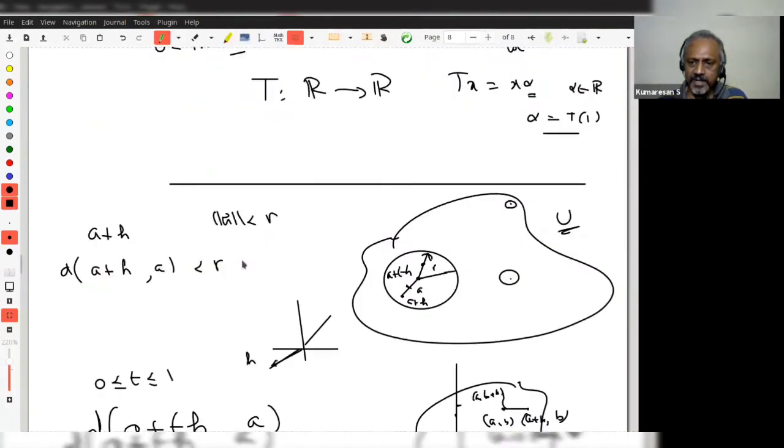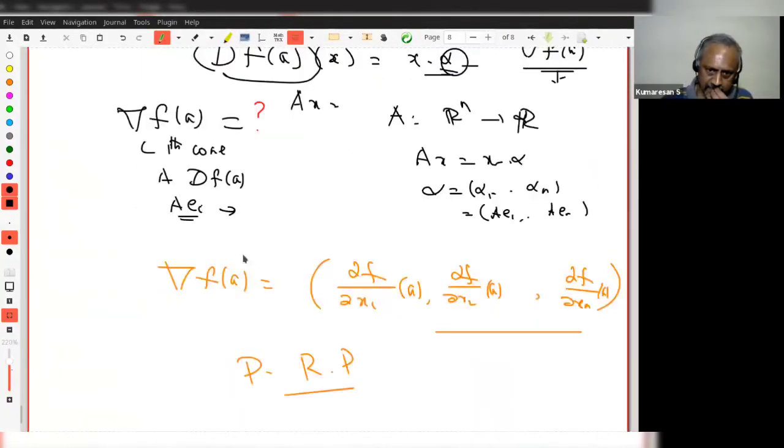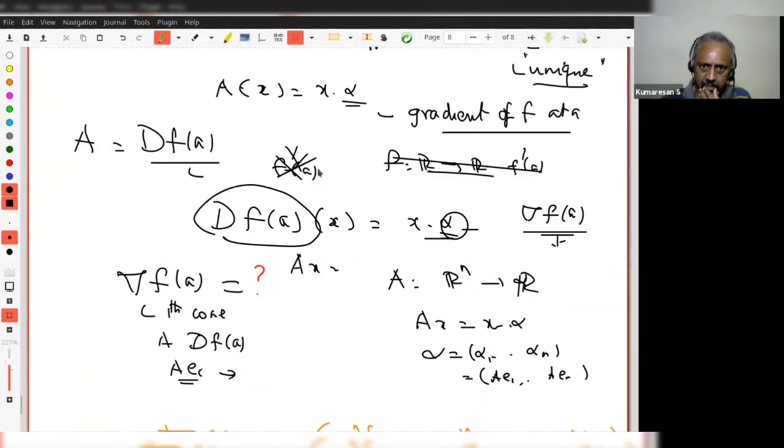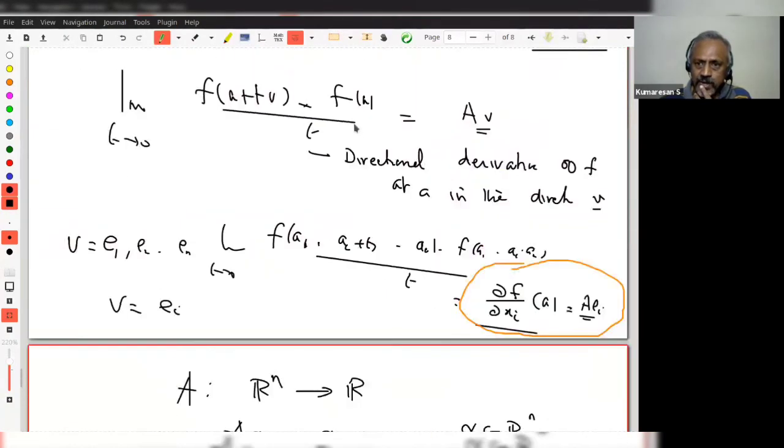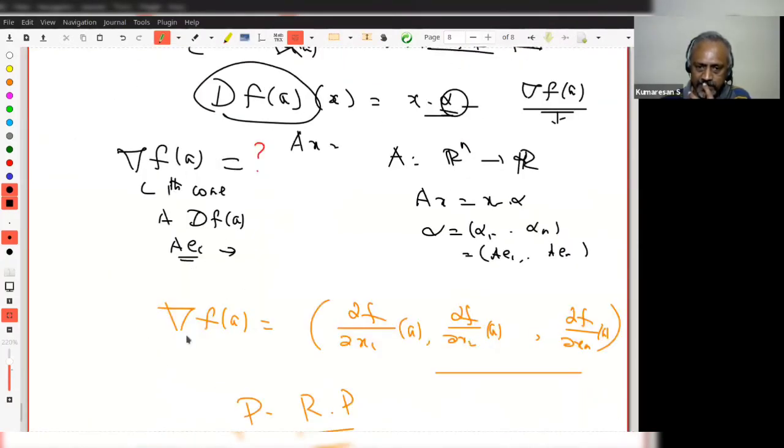Here it is: A of x equal to x dot alpha. Therefore, A of ei will be your alpha i. But now we saw A of ei is nothing other than the ith partial derivative of f at a. Therefore, I found a formula for the gradient.